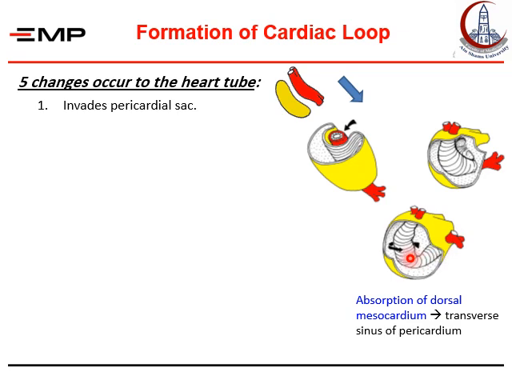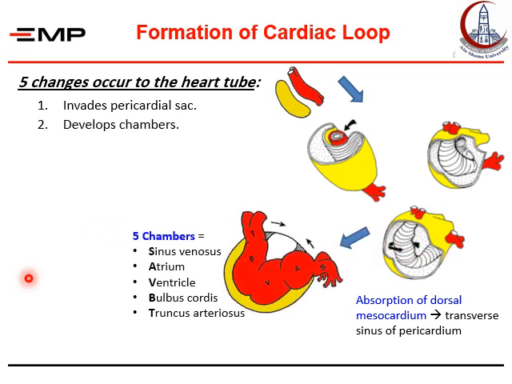Now, this single endocardial heart tube will have to make chambers of the heart. Dilatations occur separated from each other by constrictions, creating 5 chambers in this single endocardial heart tube. From caudal to cranial, these chambers carry these names.